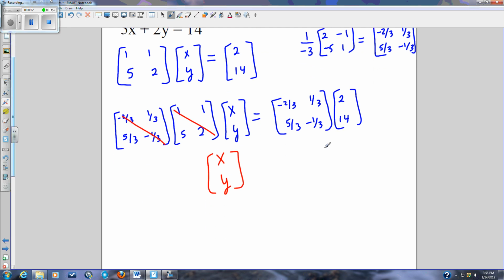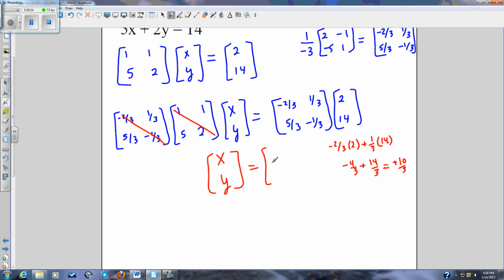On the right-hand side, let's actually do out the arithmetic here. First row times only column, so we're going to have negative 2/3 times 2 plus 1/3 times 14. So we have negative 4/3 plus 14/3, which gives us positive 10/3.